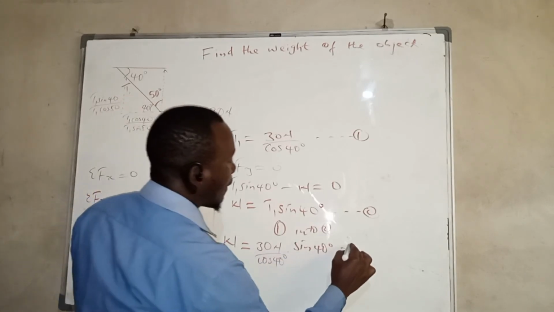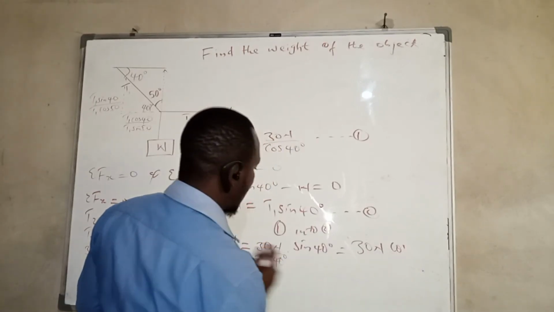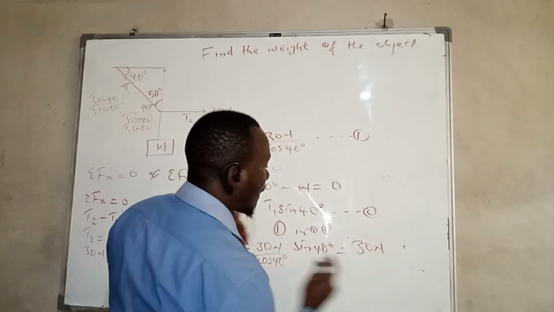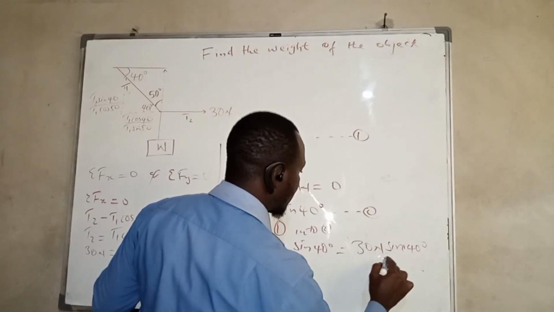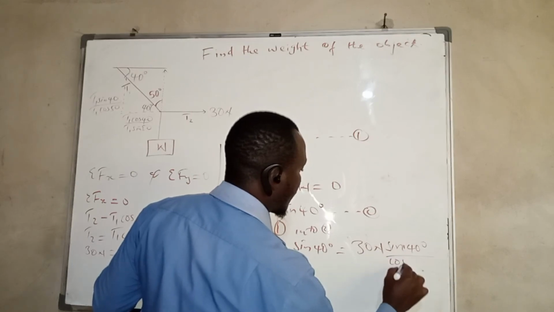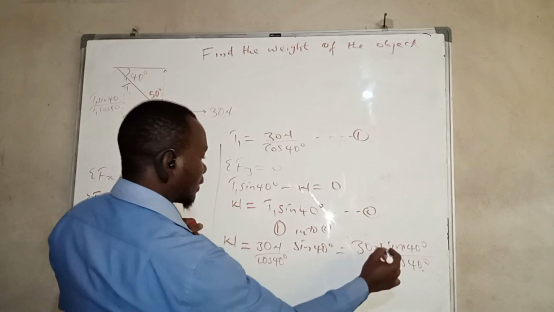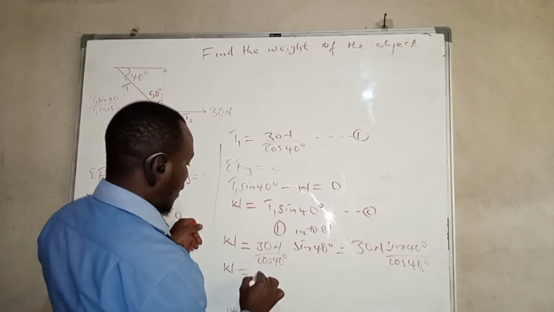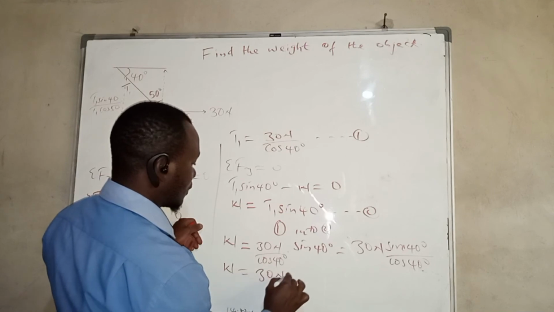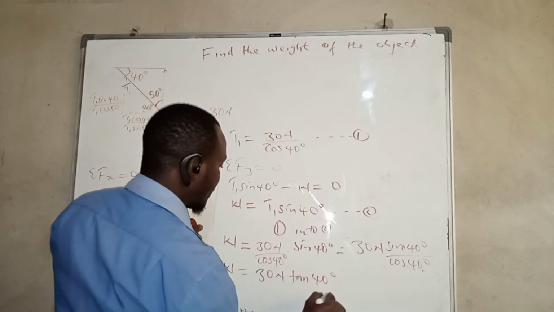So this is equal to 30 newtons times sine 40 degrees over cos 40 degrees. But this one is tan. So we are going to have weight is equal to 30 newtons tan 40 degrees.